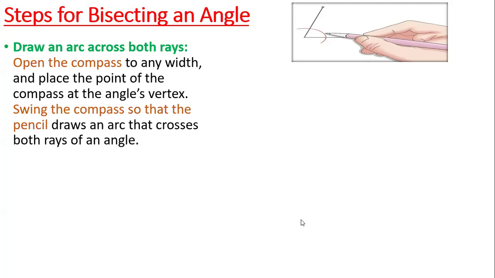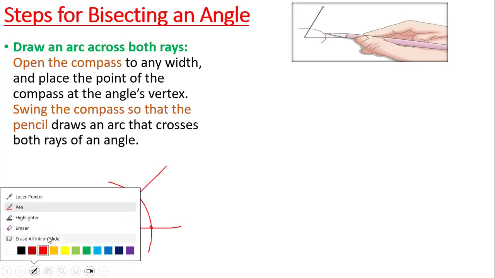So we already have the angle drawn, and then we're going to draw an arc, and this arc is going to intersect both sides of the angle, or both legs of the angle. That's the first thing.